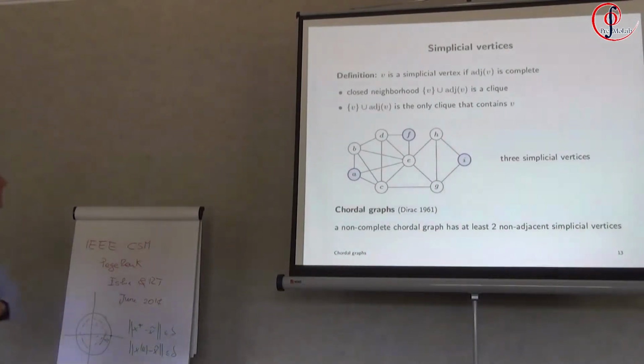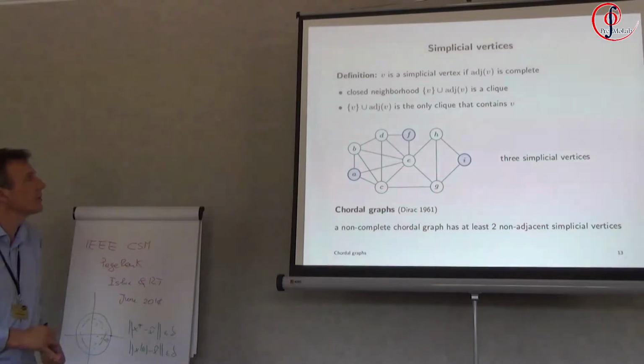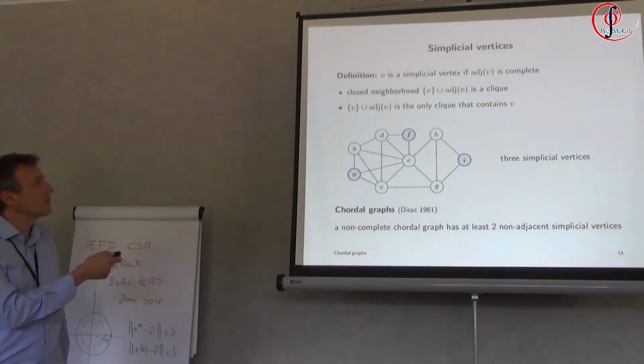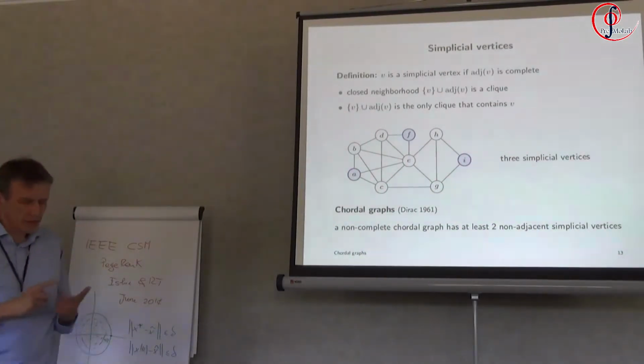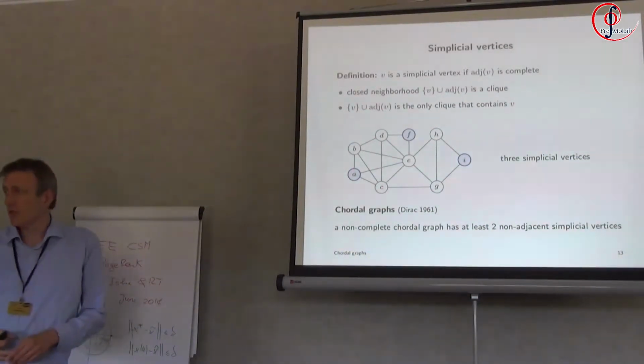Another way to say this, which follows directly from the definition and not from chordal properties, is that if a vertex is simplicial, then its closed neighborhood, so the neighborhood plus the vertex itself, is a clique.